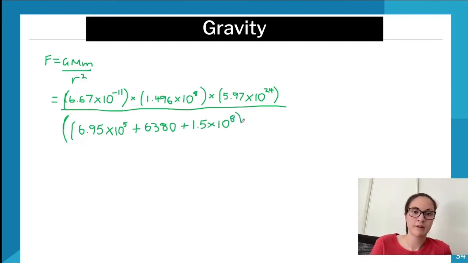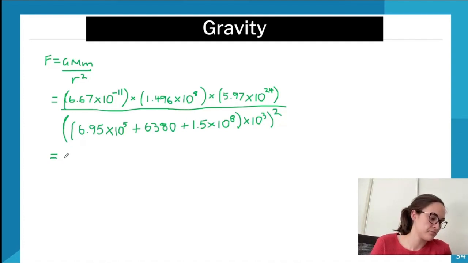By 10 to the 3. And that 10 to the 3 is to go from kilometers to meters. And this is something that a lot of people forget. And then you square all of that. And yes, that is a lot of numbers in one spot. It is a little daunting, but it will be okay, I promise.